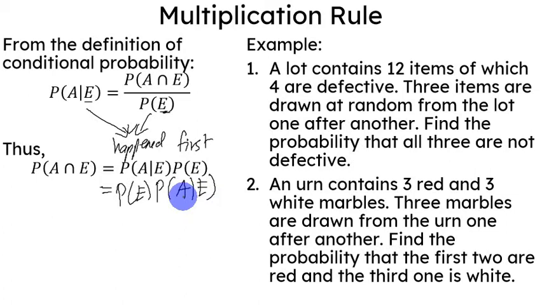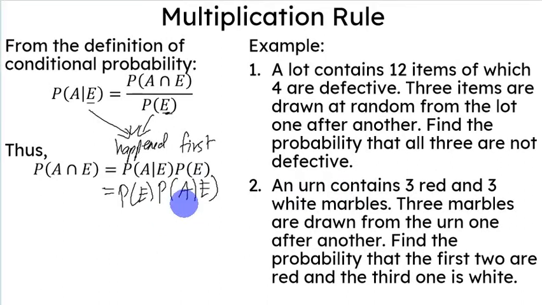So if we want to know the probability of the intersection of two events A and E happening, we first find the probability that E happened, then multiply by the probability that A happened given that E has already happened. Now we call this our multiplication rule or our general multiplication rule.